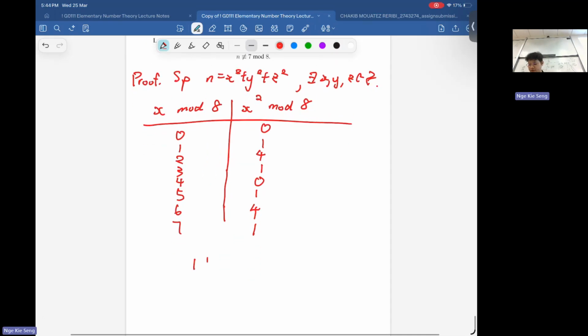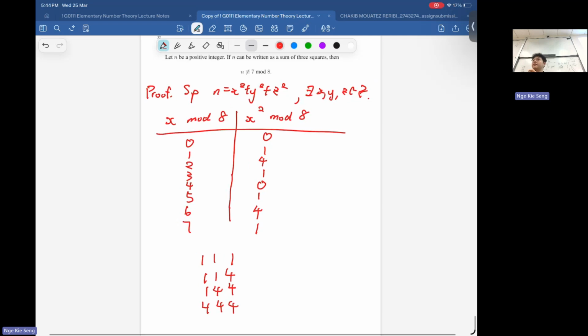Either 1, 1, 1, or 1, 1, 4, or 1, 4, 4, or 4, 4, 4. Correct? These are all the possibilities you can get. Should we include a zero case? I think we should include a zero case, so let's include the zero case as well.